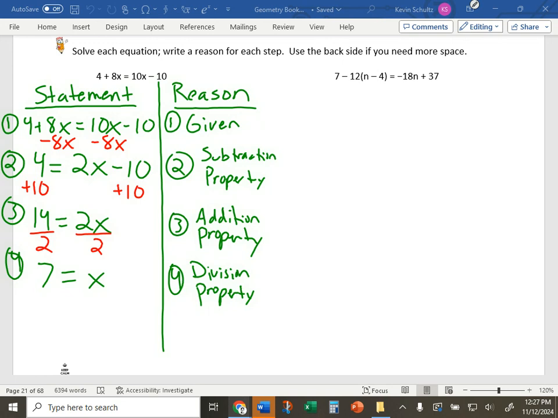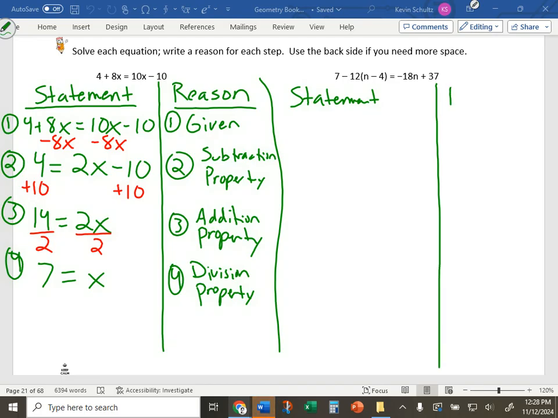Okay, next one. Here we go. Make your statement and reason chart. Generally you want to make your statement section a little bit bigger than your reason section, because these equations, especially this one, can get kind of long. I did a distributive property one. So, what do we know?